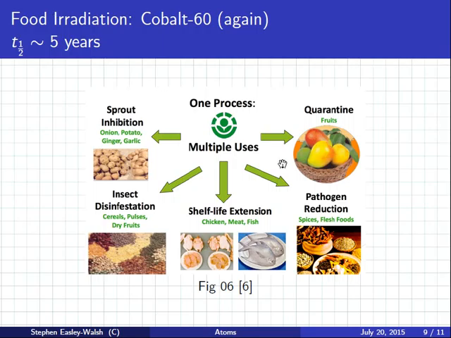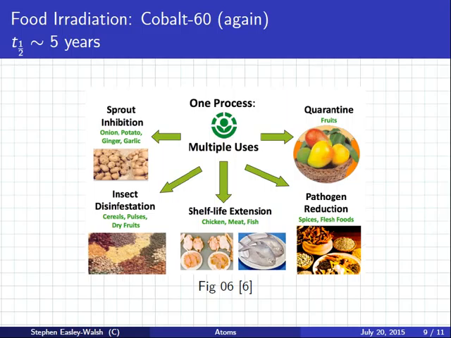This has two advantages. Number one, the cobalt 60 radiation kills what's living on top of the fruit. This is good. You don't want to eat an insect that will grow in your stomach. The second reason is, if it did not kill the insect, it will make the insect unable to have more insect children.